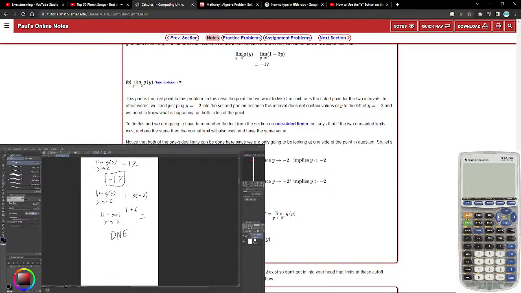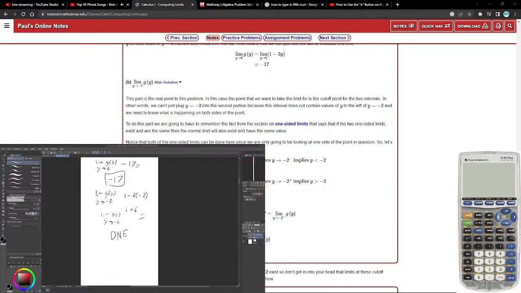To do this, we are going to have to remember the fact from the section on one-sided limits that says if the two one-sided limits exist and are the same, then the normal limit will also exist and have the same value. Notice that both of the one-sided limits can be done here, since we are going to be looking at one side of the point in question. So let's do the two one-sided limits, see what we get.